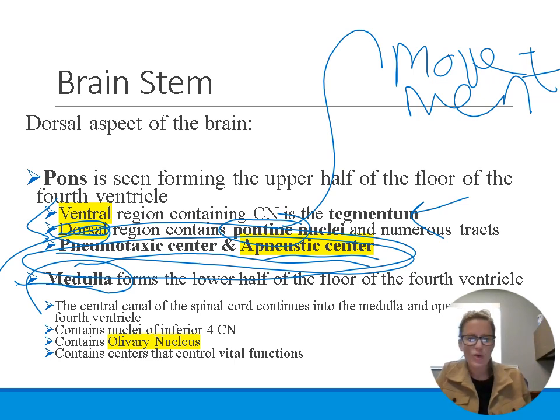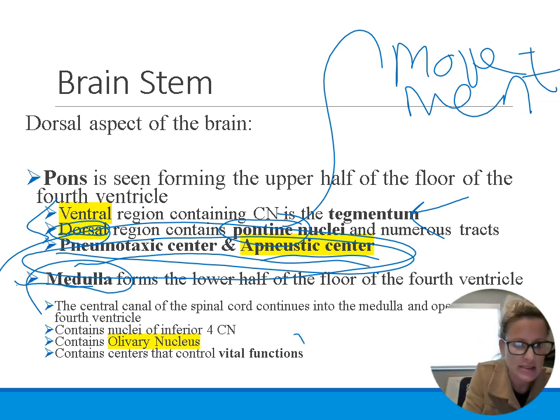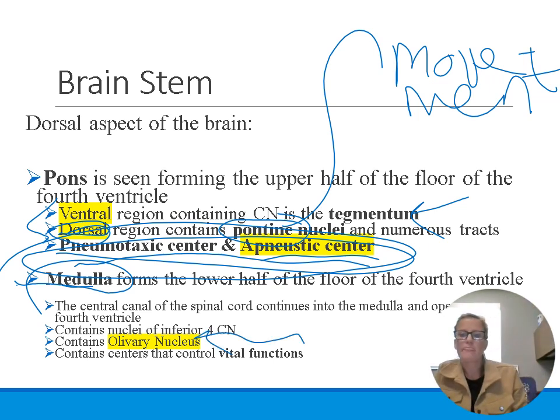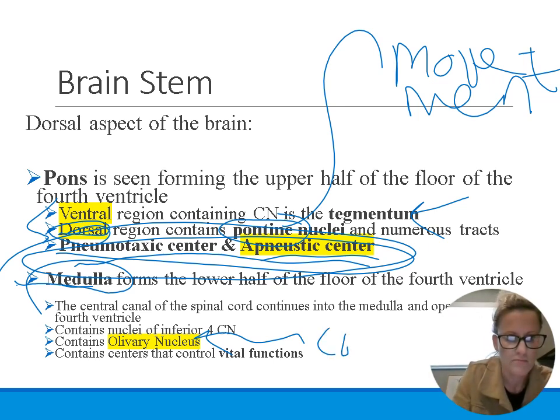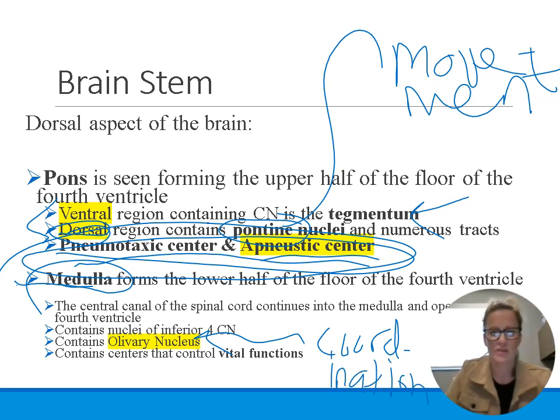So there's a lot going on down in the thoracic cavity with the vagus nerve. It also contains the olivary nucleus. The olivary nucleus communicates with the cerebellum and is involved in coordination, I'm saying coordination of movement.